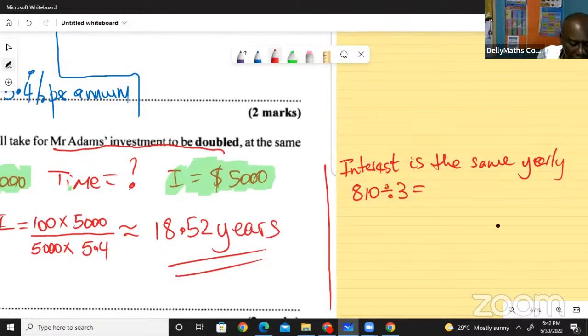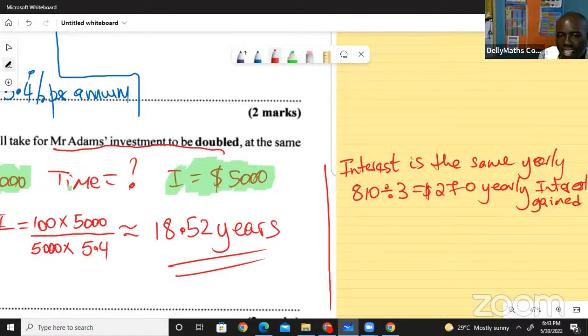You divide that 810 by 3, and the person is making $270 every year. That's the yearly interest gain.